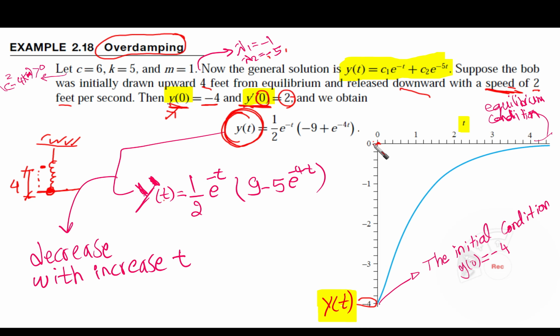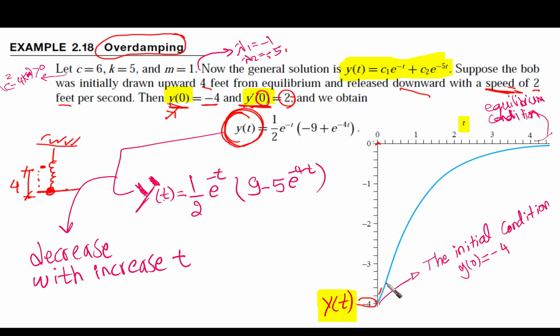And when y prime of 0 equals 2, this means that we are starting with the initial conditions: y of 0 equal to minus 4 and y prime of 0 equal to 2.